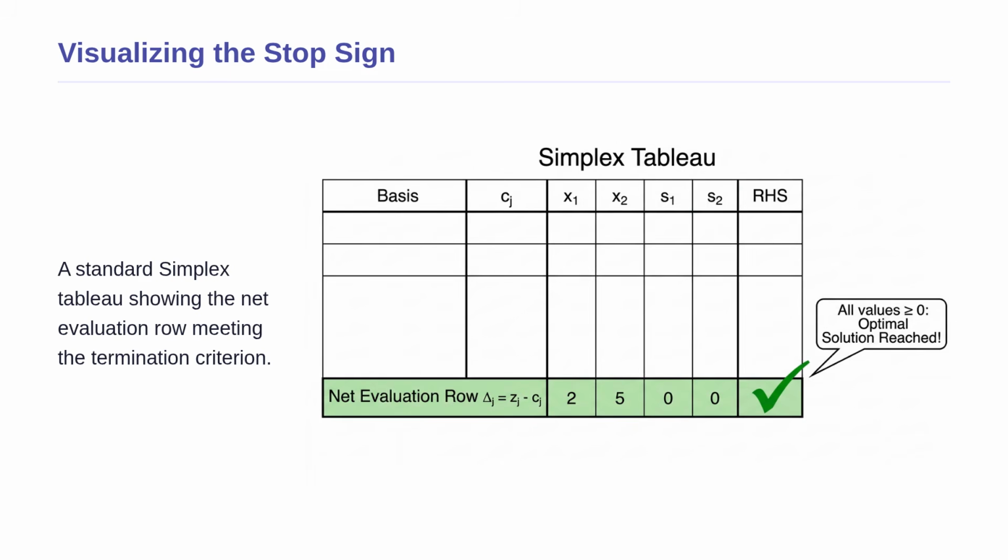For this maximization problem, we scan this entire bottom row. Because all the numbers in that highlighted row are positive or 0, specifically 2, 5, 0 and 0, the termination criterion is visually met. This row acts as a definitive stop sign, telling the algorithm its job is done.